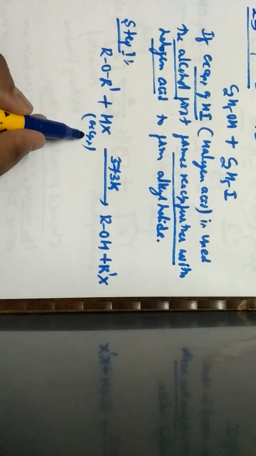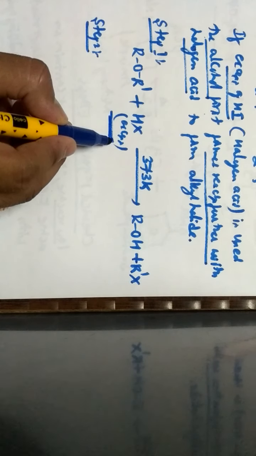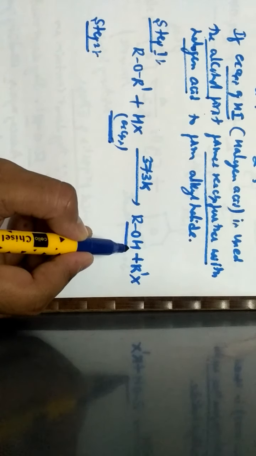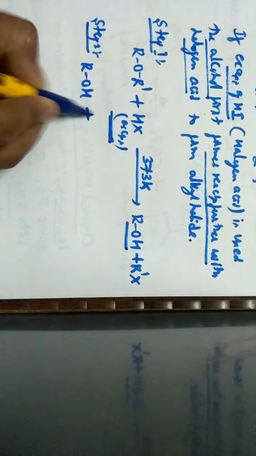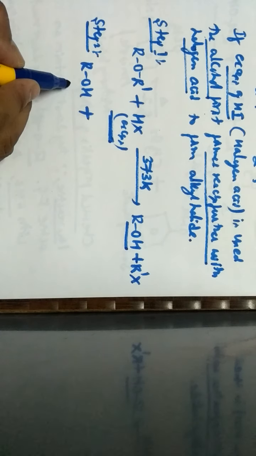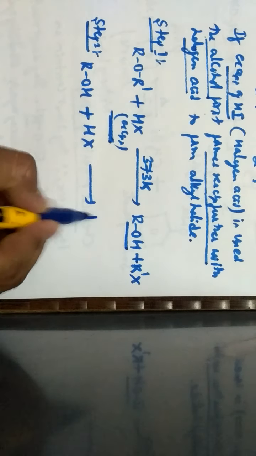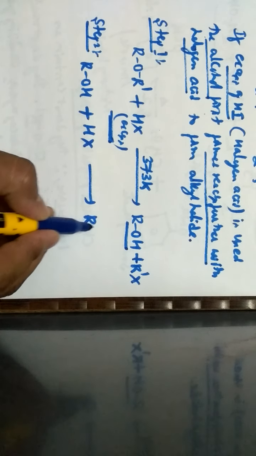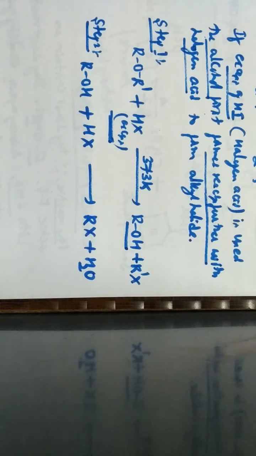So this HX is taken in excess. Further, since HX is taken in excess, the alcohol obtained will further undergo a chemical reaction with HX again, so that it gives rise to alkyl halide along with the formation of water.